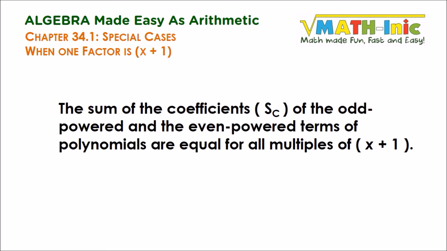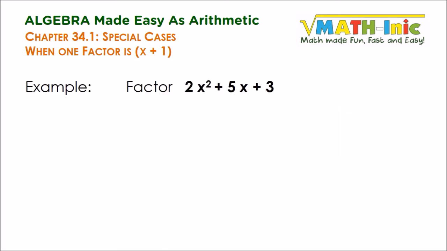For quadratic expressions, this simply means that the coefficient of the x term is equal to the sum of the coefficient of the second degree term and the constant. Let's take a look at an example. Factor 2x squared plus 5x plus 3.